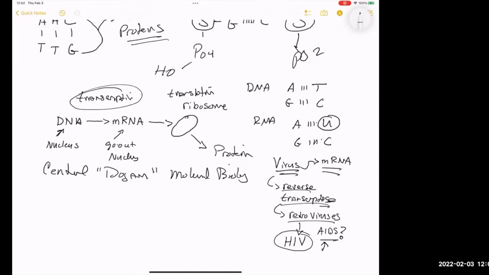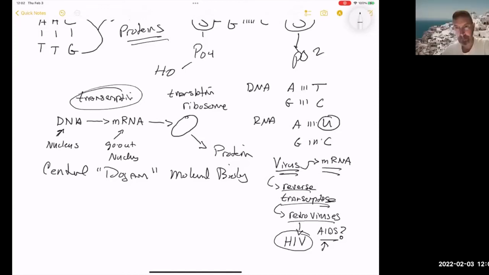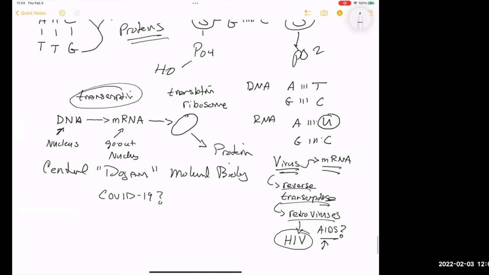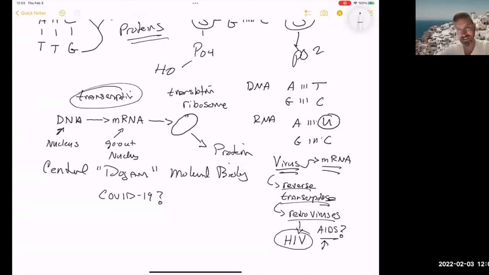Yes. Okay. The reason I bring that up is we are currently dealing with a pandemic of another disease that is caused by a virus. So when we say that somebody has COVID-19, is COVID-19 a virus? No. COVID-19 is not a virus, just like AIDS is not a virus.